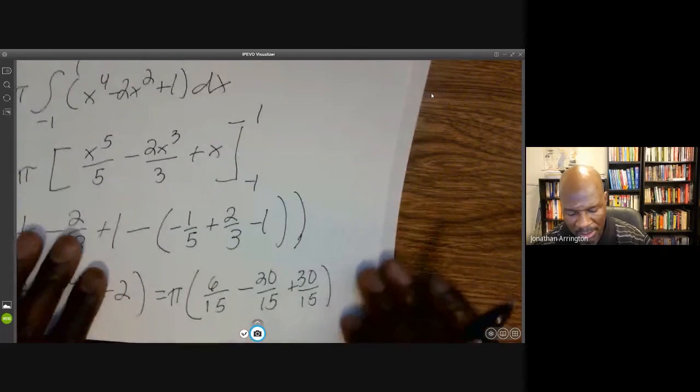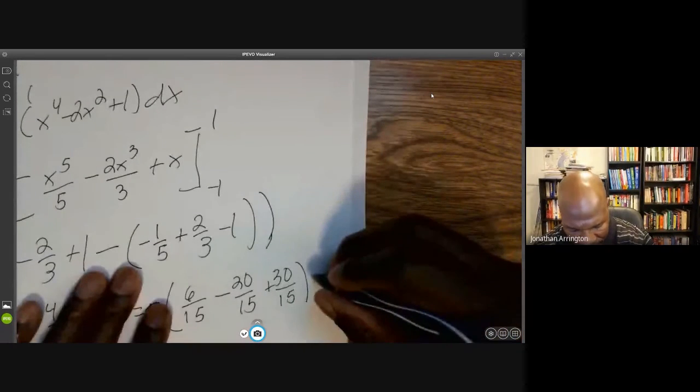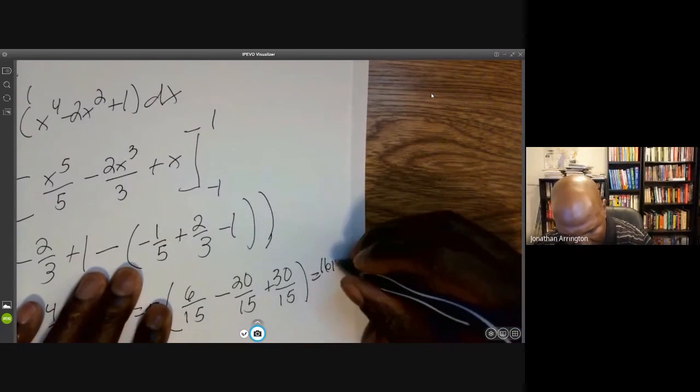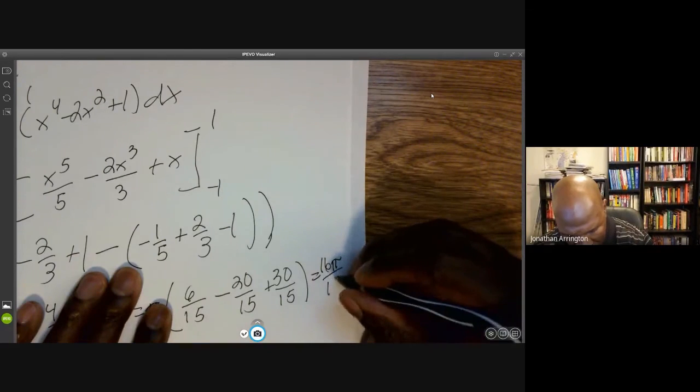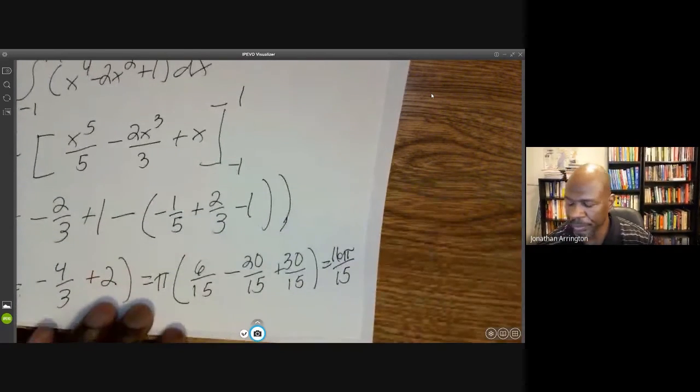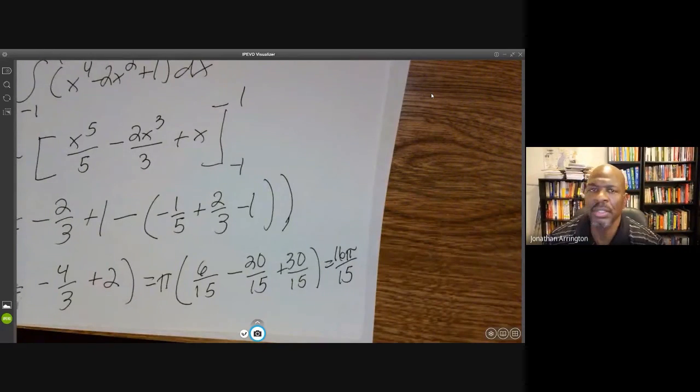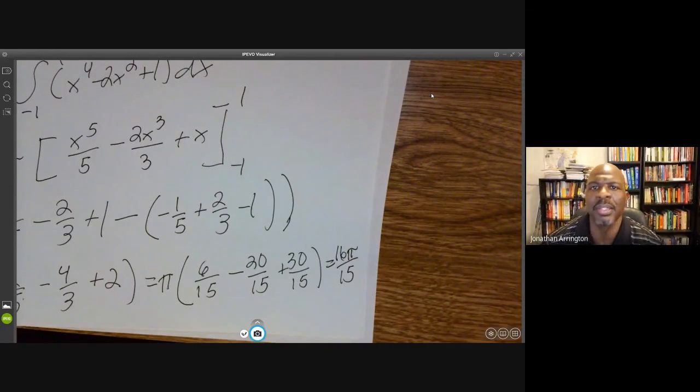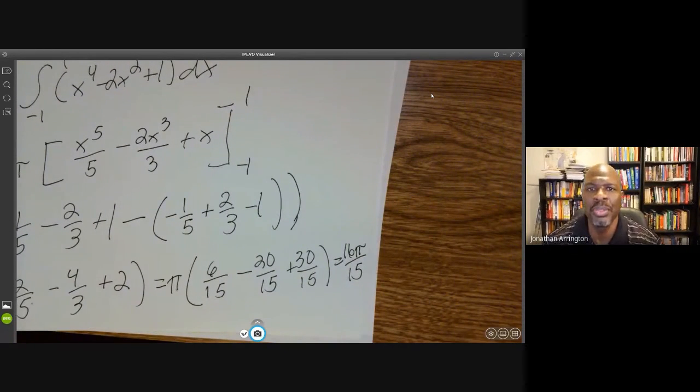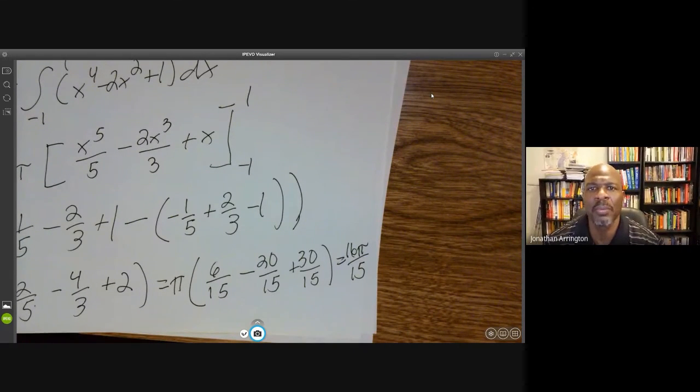So that's going to be 16 pi over 15. All right, so that's going to conclude this particular lesson on the disk method part 2, revolving f of x about the horizontal line y = k. We'll see you next time.